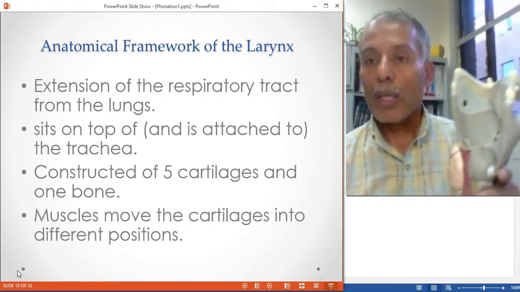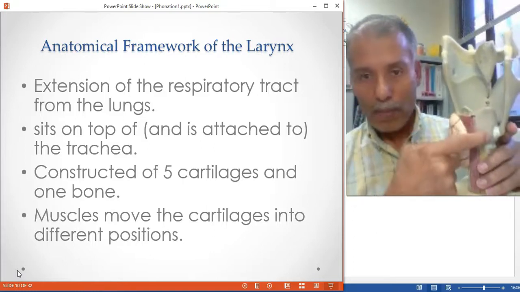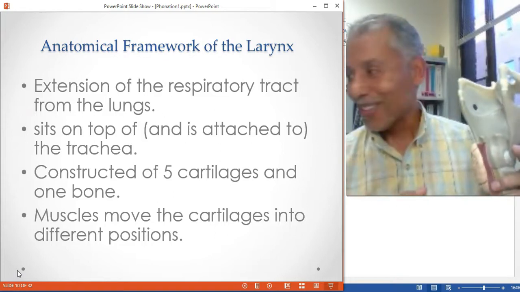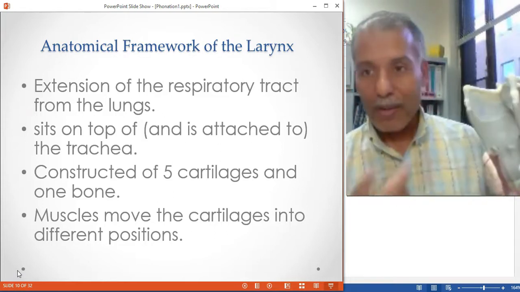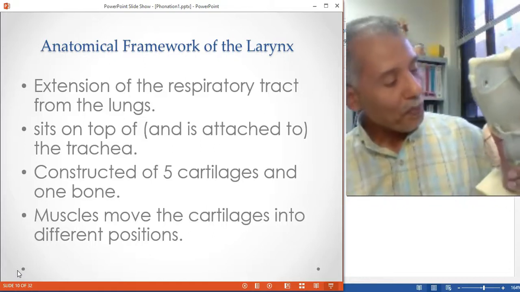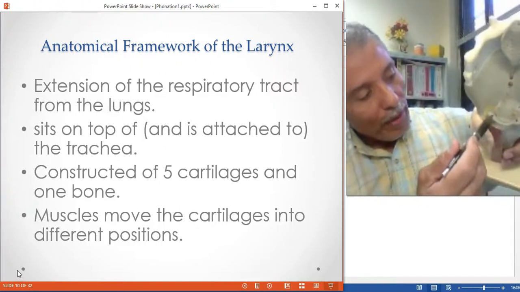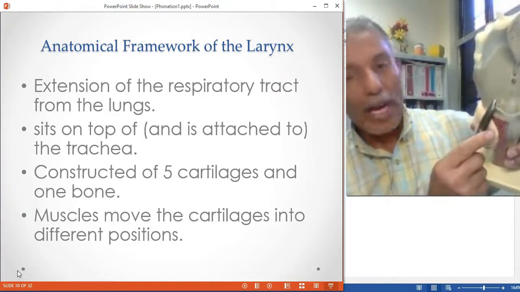Another important landmark on the cricoid cartilage, this model doesn't have the vocal folds. Basically, it's a very old model, unfortunately. But on top of the cricoid cartilage, there are 2 spots where 2 tiny cartilages called the arytenoids sit.